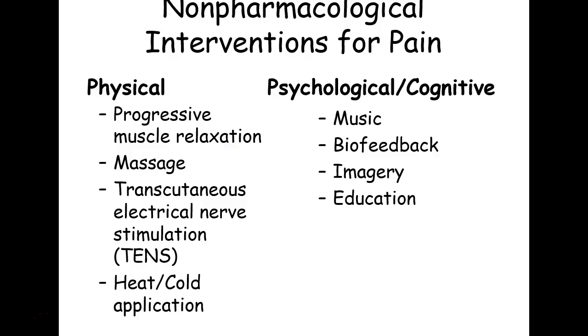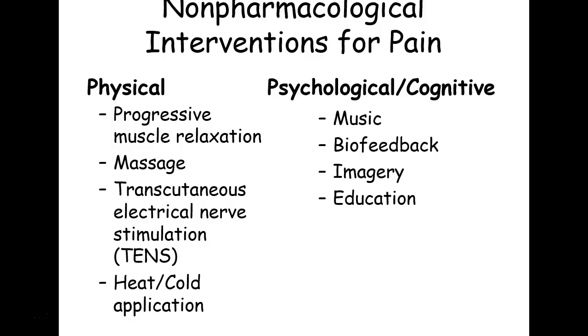Some of our non-pharmacological interventions for pain: we could allow that person to do progressive muscle relaxation, massage, like a back rub or something like that. We sometimes use a TENS unit, which gives electrical stimulation. And that can be useful to basically distract the nerves.